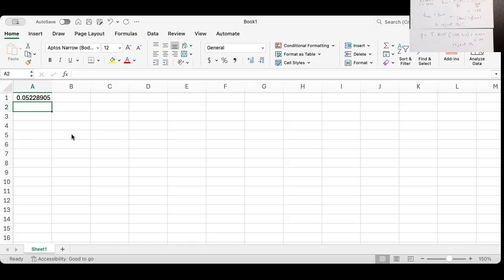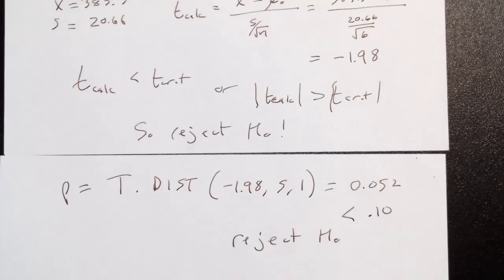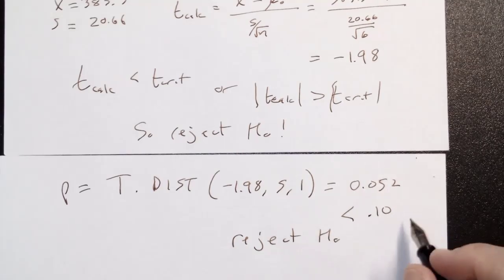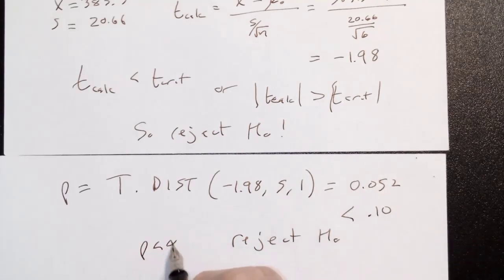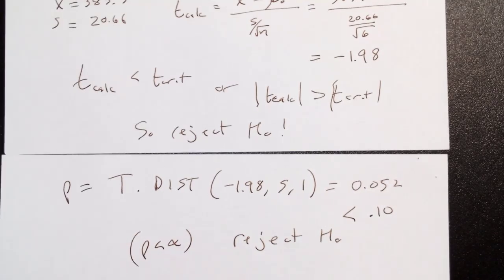So, since the value I got, P is less than alpha, I reject.